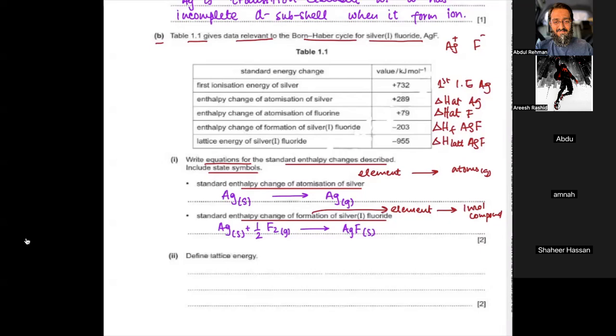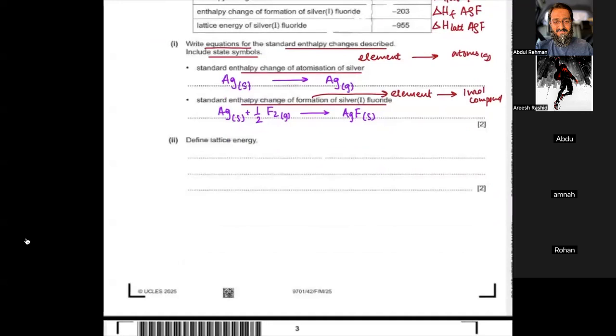Okay. Now, next part. Here they are asking for the definition of lattice energy.